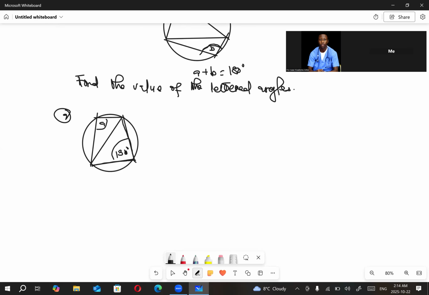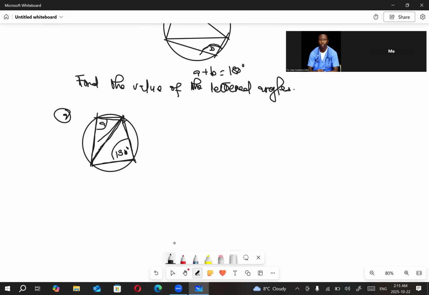You will notice that this chord produced the 130. Now you ask yourself, is this chord having an effect on the A? Yes, it does. This chord produced the 130 degrees.